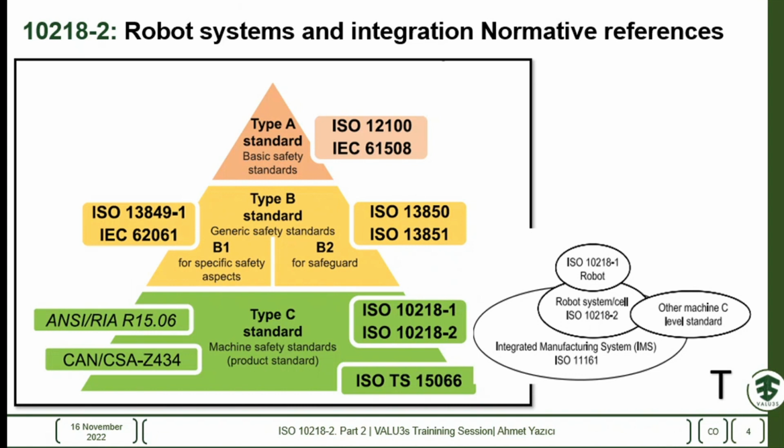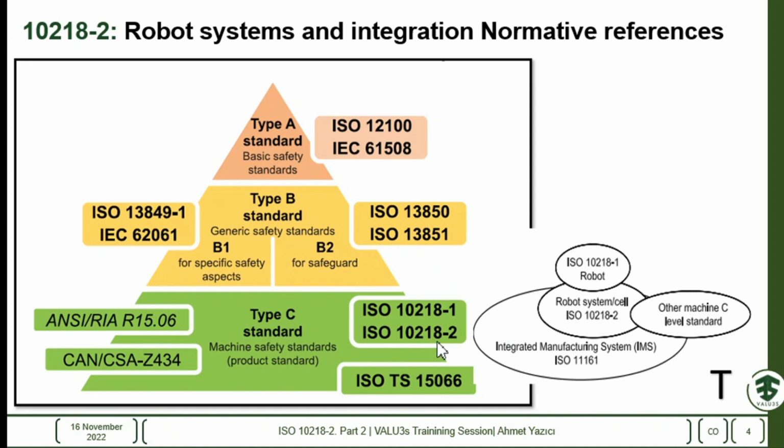But since safety in the application of an industrial robot is influenced by the design and application of the particular robot system, integration is required. Part 2 focuses more on the integration of the industrial robot into specific fields. It's a very diverse area depending on the application and operation, so it is very tightly connected to Part 1 in terms of industrial robots.